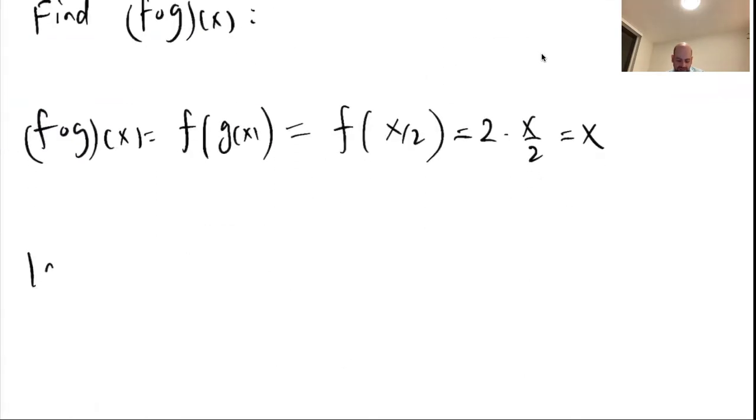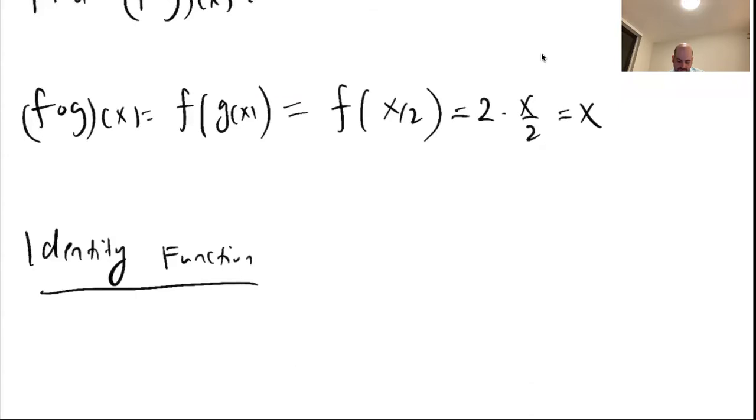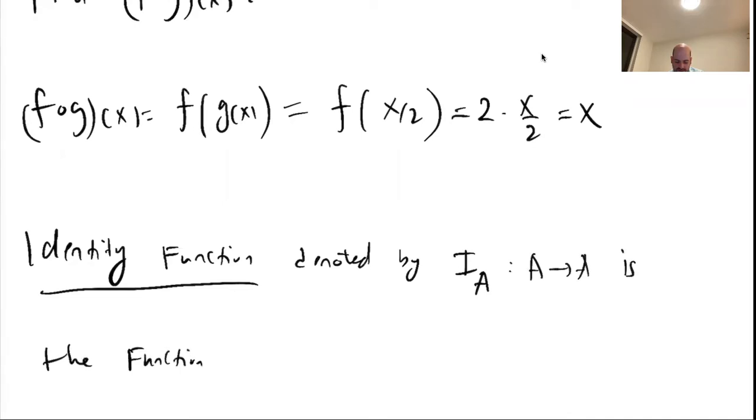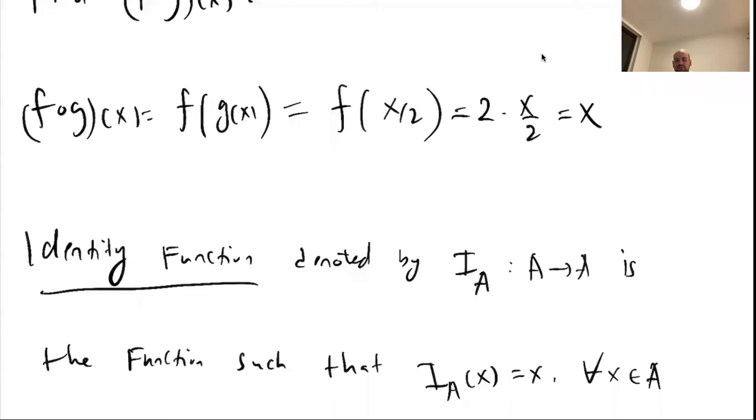The identity function, denoted by, let's say, I_A, from A to A, is the function such that I_A of x is equal to x for every x in A. So an identity function is a function whose output is the same as the input.